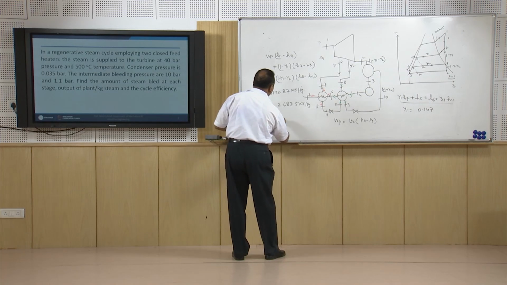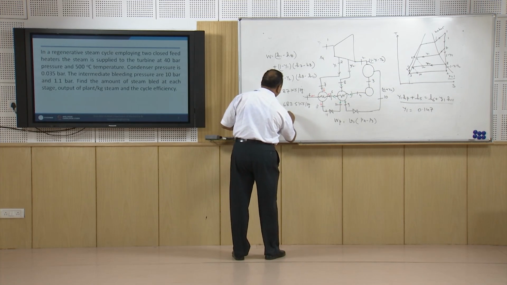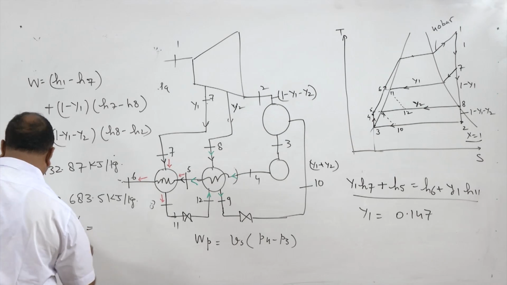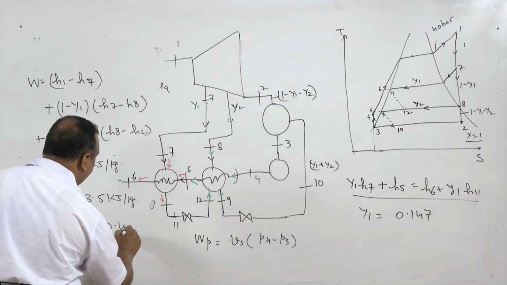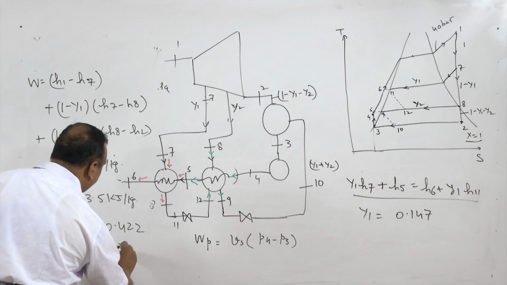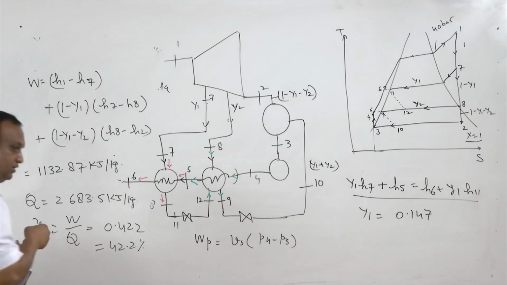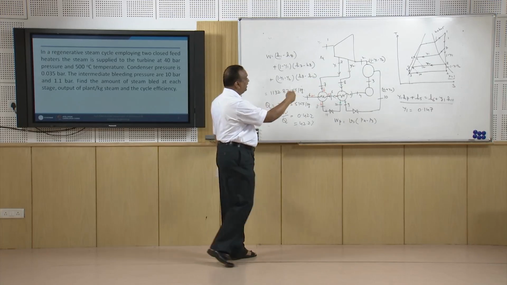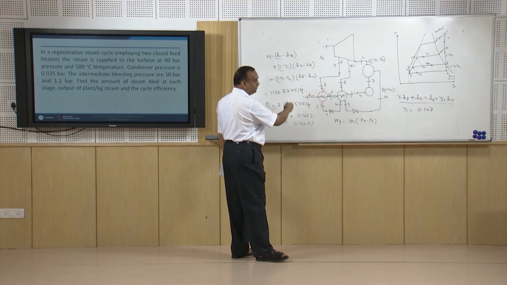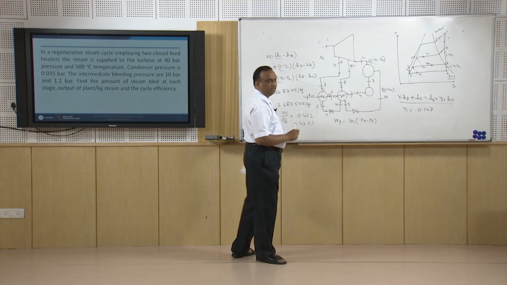Efficiency will be W by Q, and that will turn out to be 0.422 or 42.2%. The rest of the things you can do by yourself and you can match your answers with these answers.